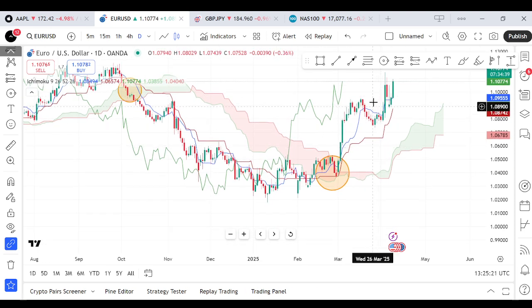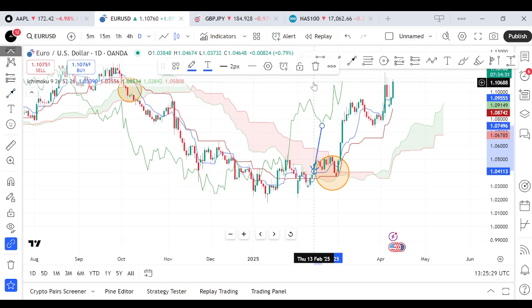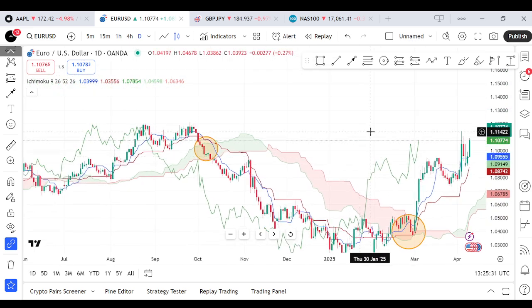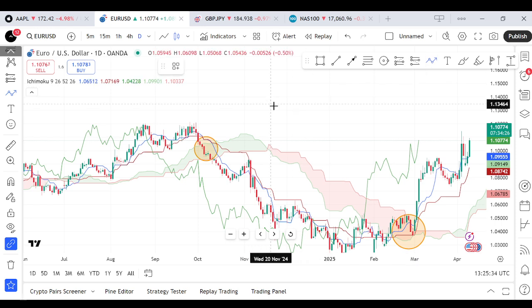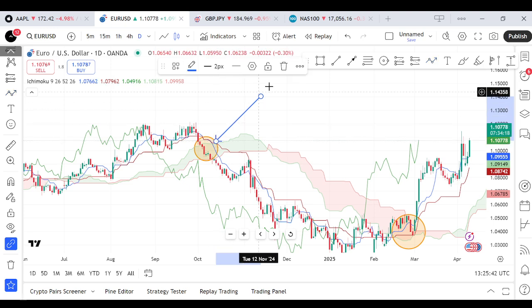We had the crossover here just before price started breaking above the cloud. That crossover tells us we should be looking for bullish trades. And for bearish, we have the conversion line going below the baseline. We have that happening here. That's for bearish selling opportunities.